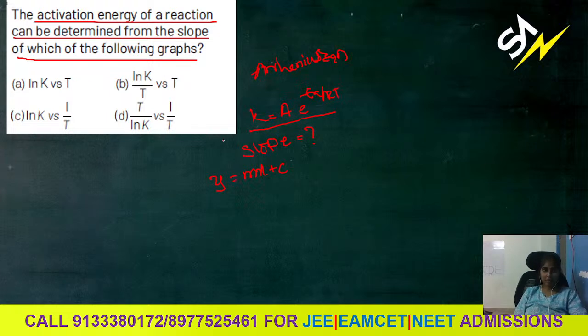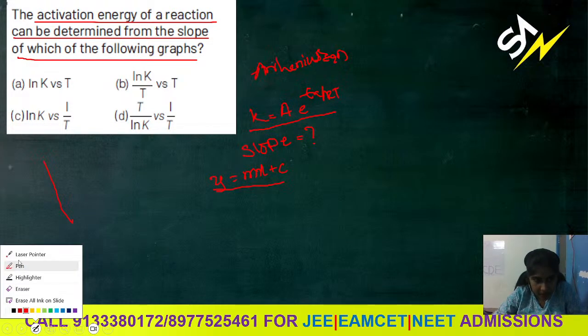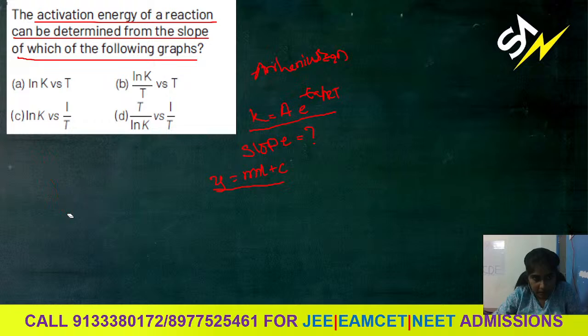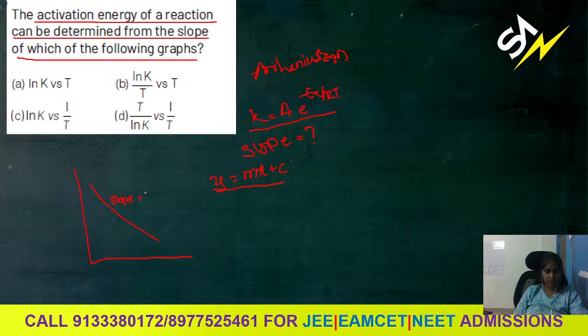If you apply a logarithm on both sides and convert it into y is equal to mx plus c, you will get a graph with a downward slope, where the slope is equal to minus Ea by R.